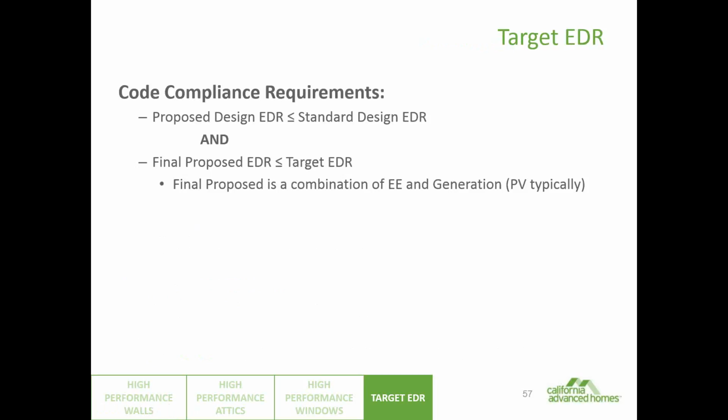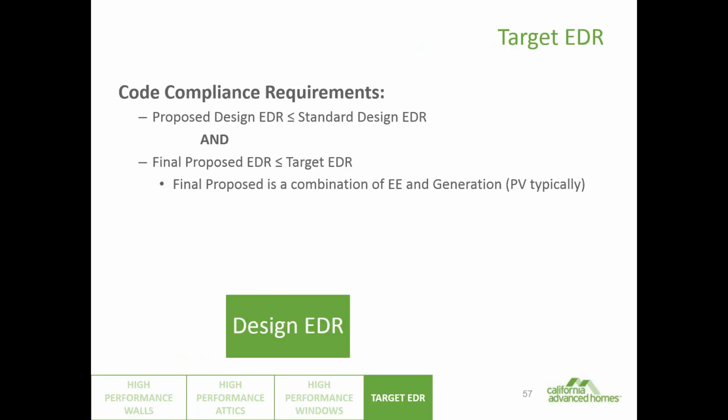You've got to comply to just making the building efficient first, and that's this first bullet point up here. And then you've got to add enough solar, or you could do it with efficiency. That's the thing. You can do either one. But there's 2 things you have to meet to comply to code now, and it's those 2 main bullet points.